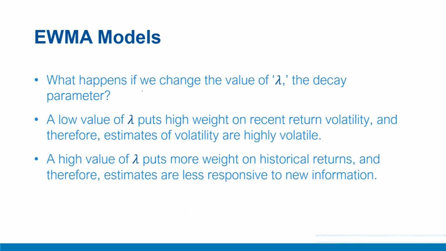So looking at this model, what happens if we change the value of lambda, the decay parameter? A very low value of lambda puts a high weight on recent return volatility, and therefore the estimates of volatility are volatile.